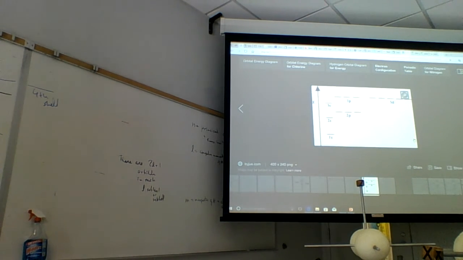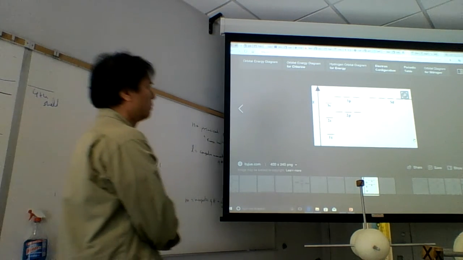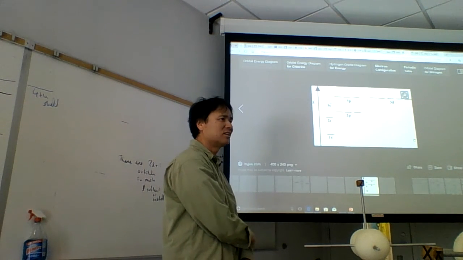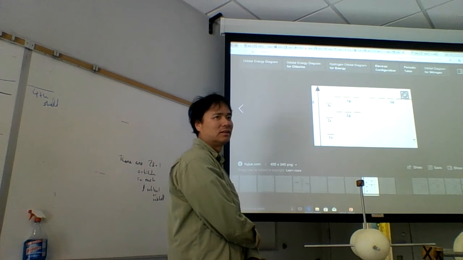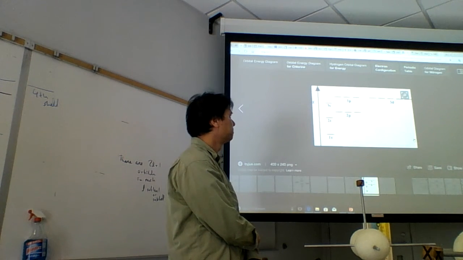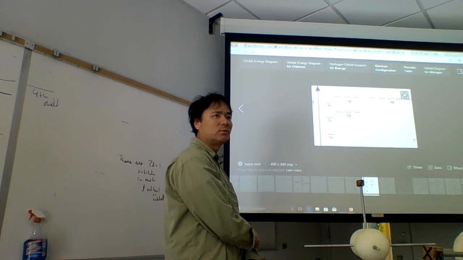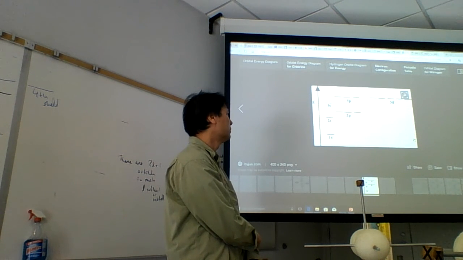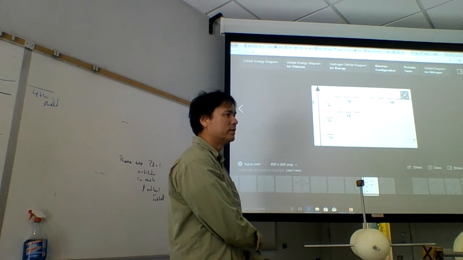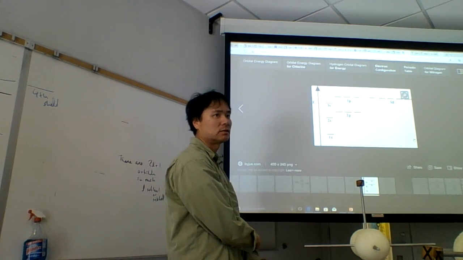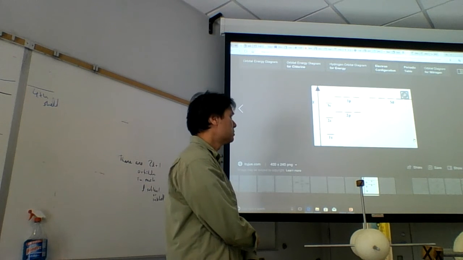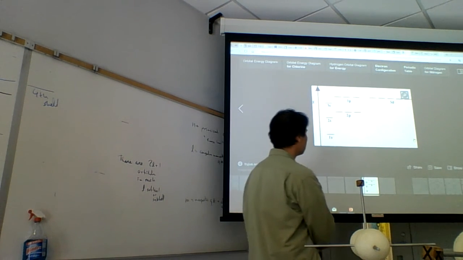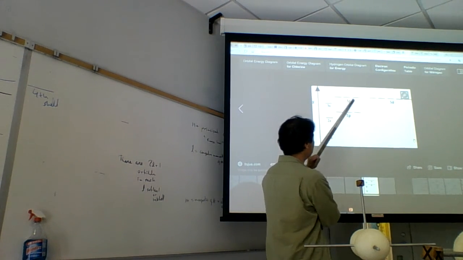How does this one look? Actually, I don't like this one. Tell me why. Look at the third shell. What does the third shell look like? Not like that. It looks as if the third shell has 3s, 3p, and 3d, right? No 4s. Sometimes that happens, but most of the time, the third shell is going to be 3s, 3p.